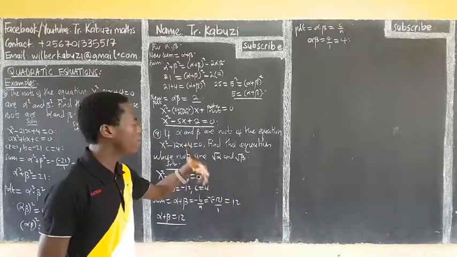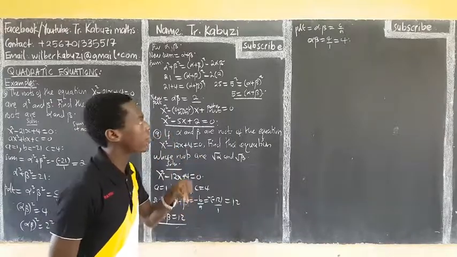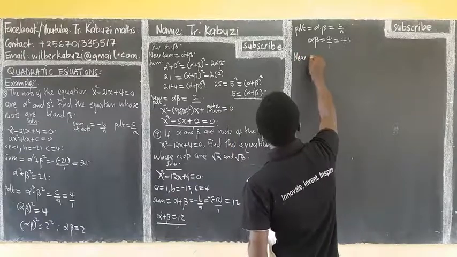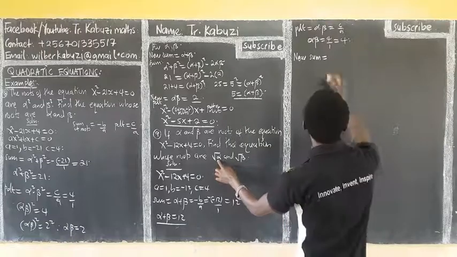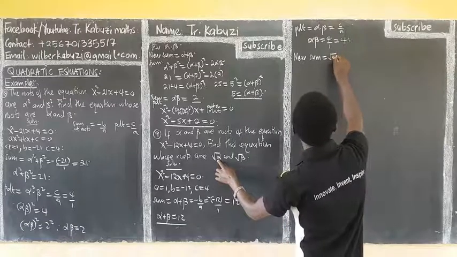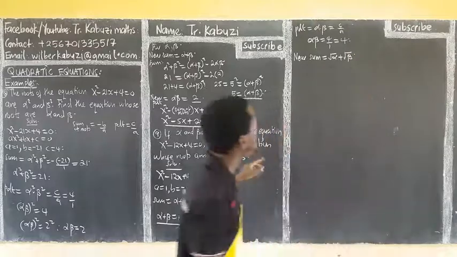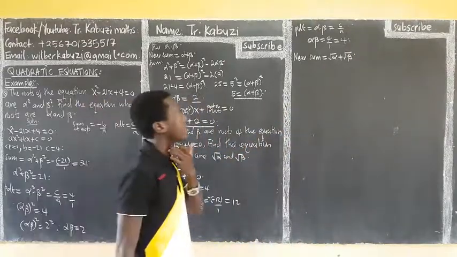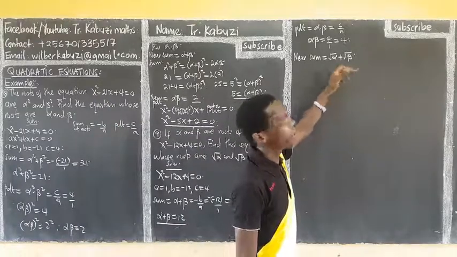In order to get the quadratic equation, we need to get the sum of the roots and the product of the roots. So now we get the new sum for the roots. It's going to be root alpha plus root beta. Now the question is, how do I get that? Because you know that after squaring these, you shall be getting there.